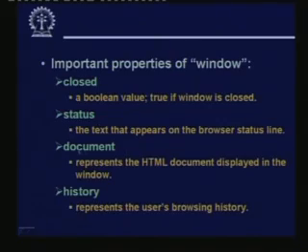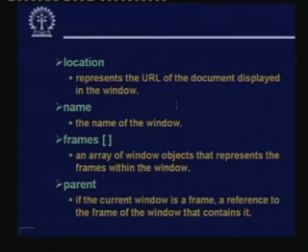Document, you already know, this represents the document that is being displayed inside the window. History, this also you have seen, represents the user's browsing history. So, the list of the URLs as has been visited by the user along the axis of time. Location, we have also seen, this is the URL of the document that is presently being displayed.